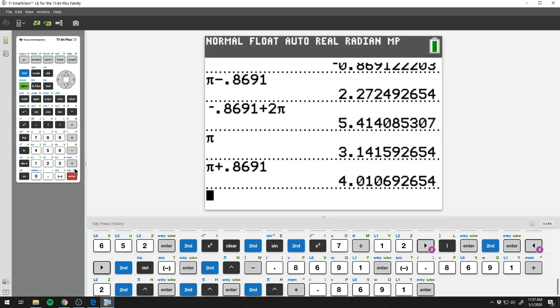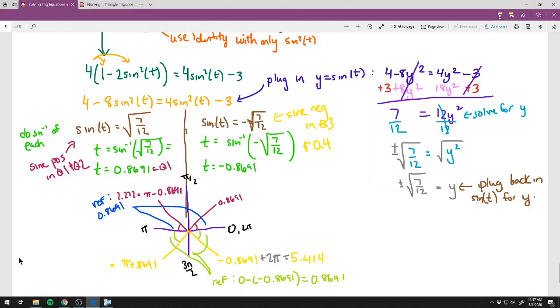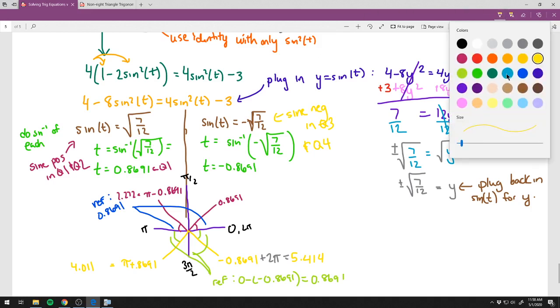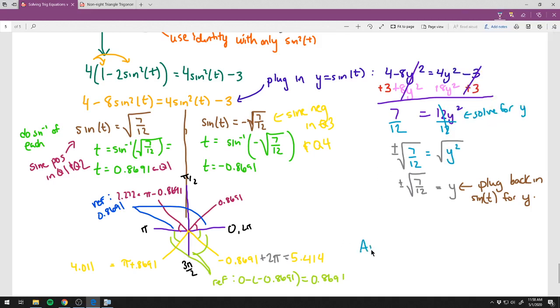We got 4.011. And that gives us our other two answers. So we are going to have 4 answers here, just like we have for quite a bit of these. We had 0.8691, we had 2.272, we had 4.011, and we got 5.414.